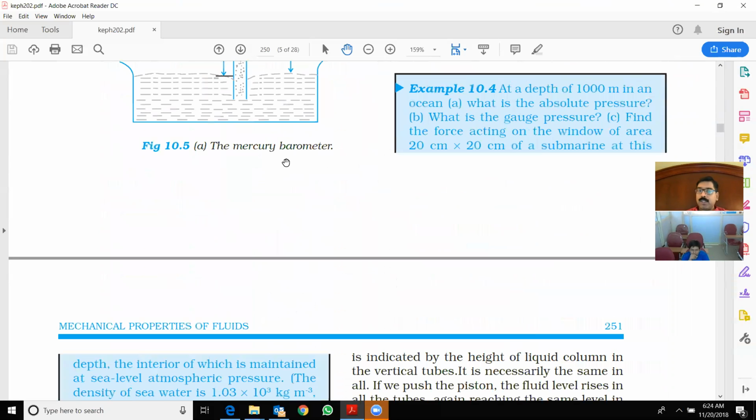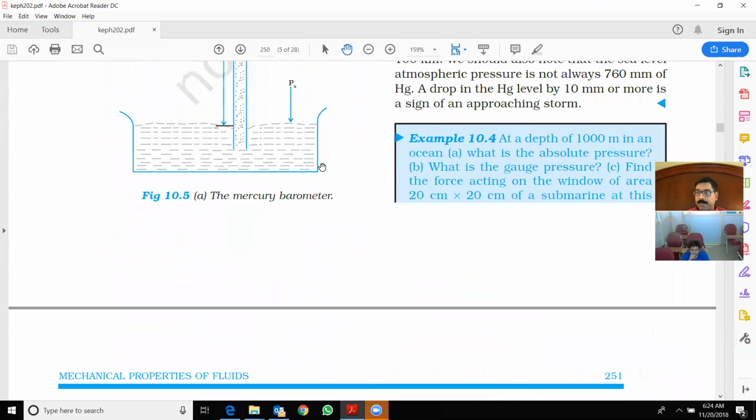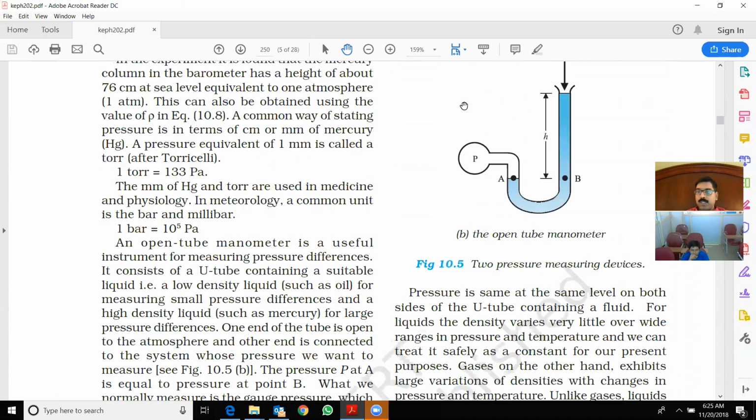Barometer is generally used to measure the atmospheric pressure. Manometer is generally used, again, you can measure the atmospheric pressure as well as the difference in pressure at a certain point. So gauge pressure.